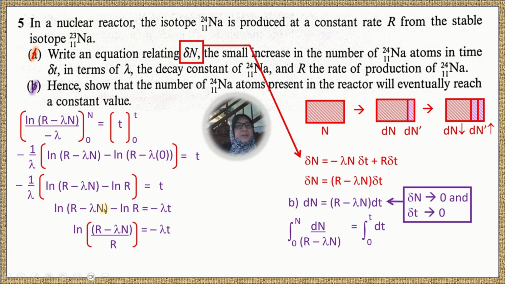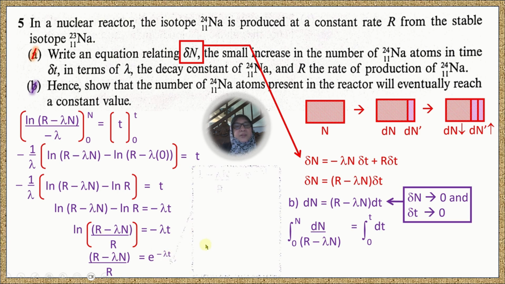Okay, now we use the log rule. Minus, this is the log rule, it becomes ln of r minus lambda n over r, because minus, so we divide by r. Then we convert to the index rule, so log rule to the index term. ln is log base e, so it becomes e to the power of negative lambda t.